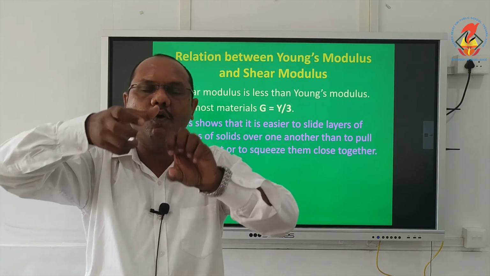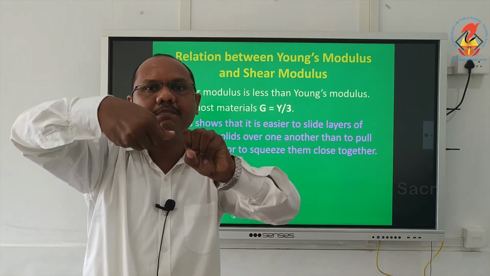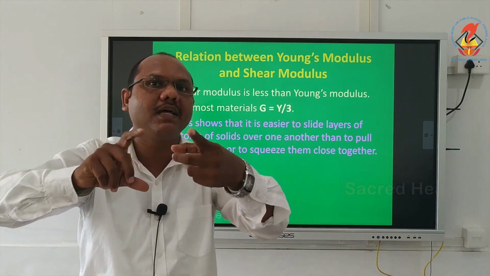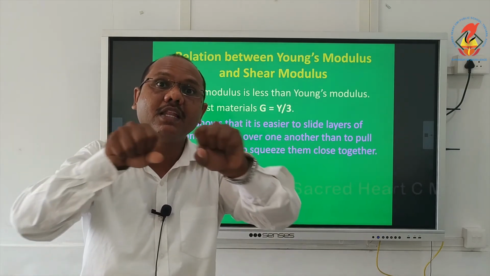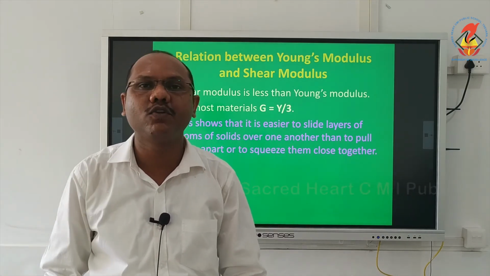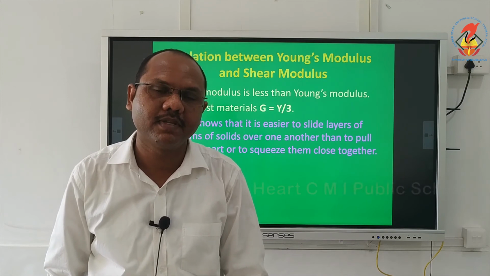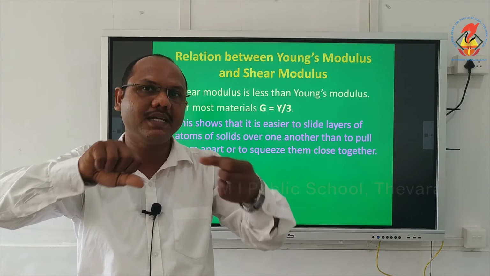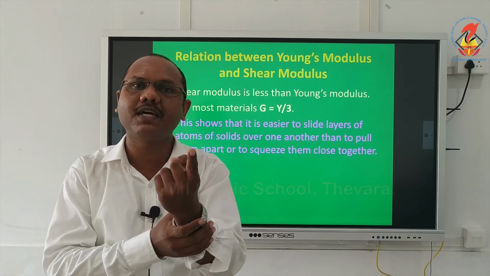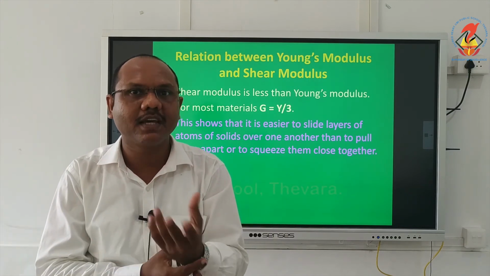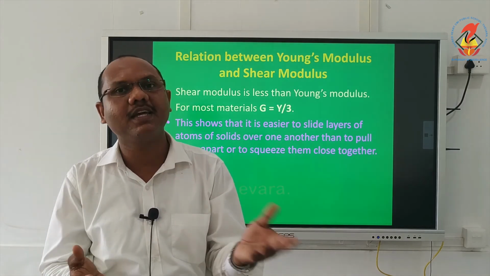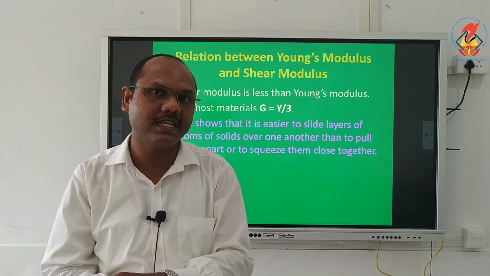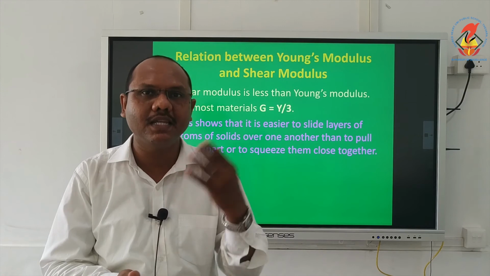We can easily fold the paper, turn the paper, twist the paper, that is easier. But in order to stretch the paper, we have to apply more force, because twisting and turning all come under rigidity, shearing. So, shearing stress is less, rigidity modulus of elasticity is less.